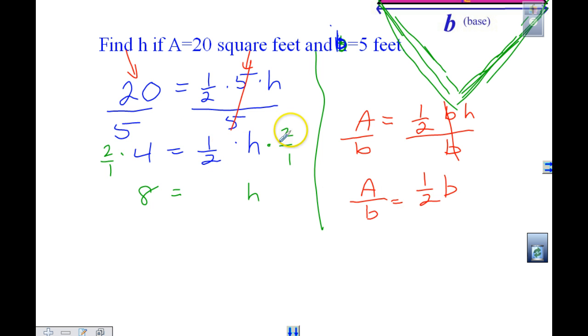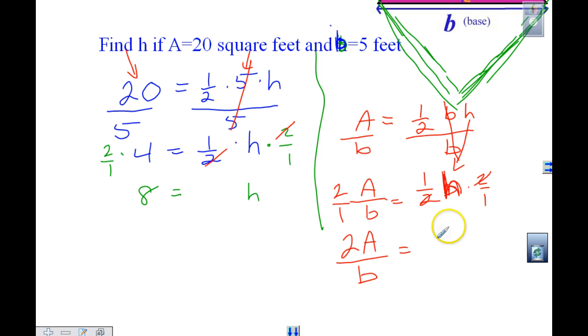Here I multiplied by the reciprocal on both sides. 1/2 is 2 over 1, so 2 over 1 cancels out, just like we did over here. So now I have 2a over b equals my height.